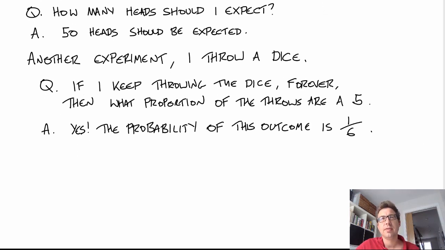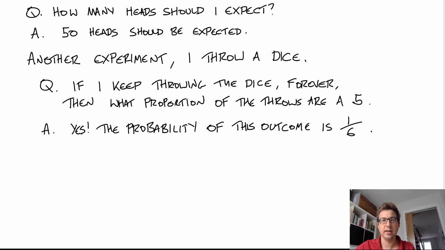Now, some comments on that. This is really what a probability is. You imagine in your mind that you have an experiment and you're going to keep doing that experiment forever. Of course, that's not realistic, but you could imagine what would happen if I just kept doing something over and over and over again. And a certain proportion of the time, we can expect something to happen.